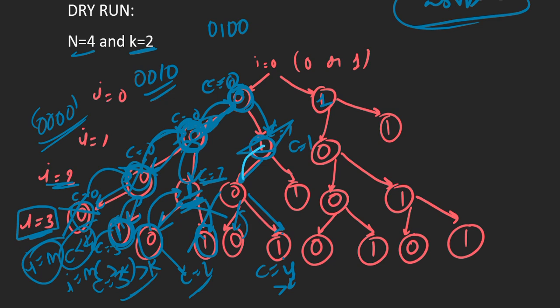So from here we go back here and then explore this case. So in this case we have two consecutive ones, 0 1 1, so we don't take this case also. So we go back here, now we go to this case where we take 1. So in this way we'll try out all the possible strings, and take those strings which do not have two consecutive ones and whose cost is less than or equal to k, right?